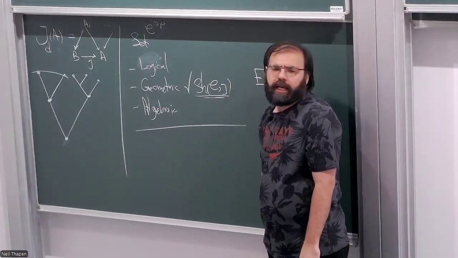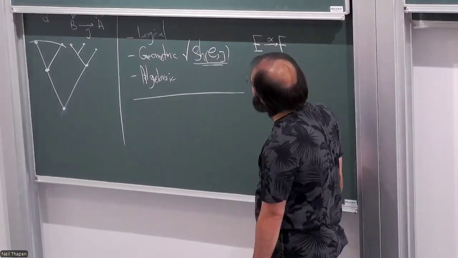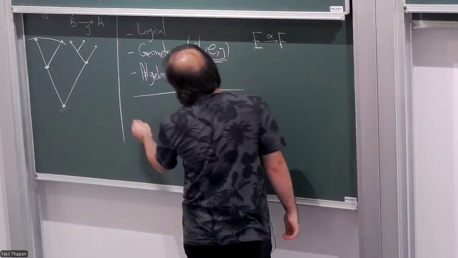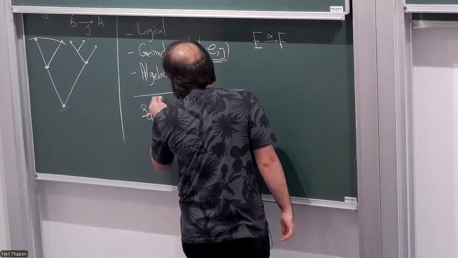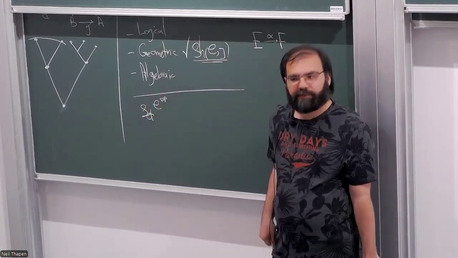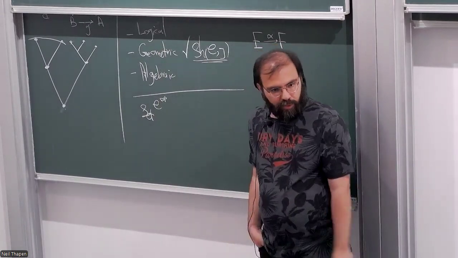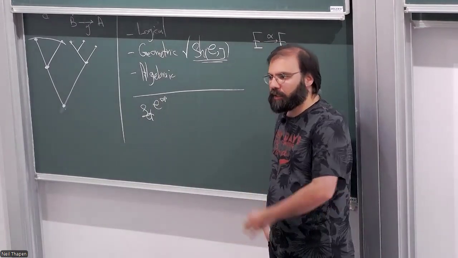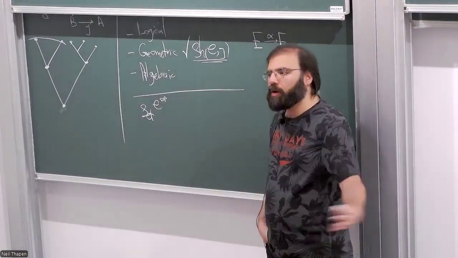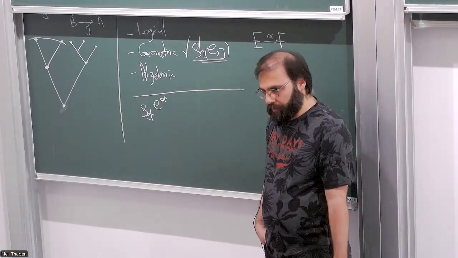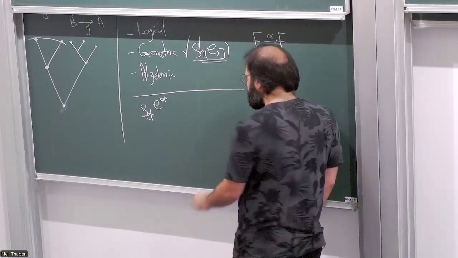Okay, what's the algebraic problem? The algebraic problem is this. So if you remember, we had this, that Set^(C^op) is just a free co-completion of C, right? So you kind of freely, in a formal way, are adding all the possible colimits, right? We had this.